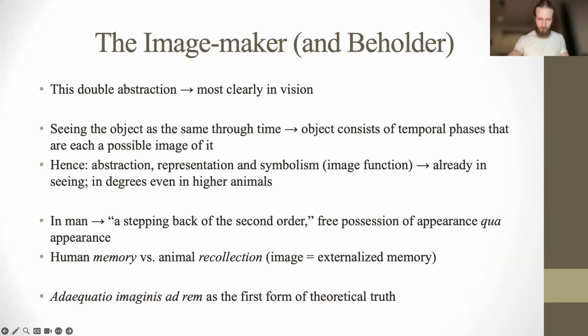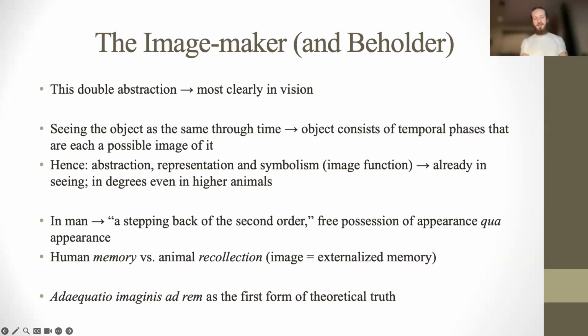Now, the specific difference of man is that there is a kind of stepping back of the second order, as he puts it, the free possession of appearance qua appearance. Man can completely abstract the eidos from the matter in which it is seen, unlike animals. And that's also the difference between human memory and animal recollection.